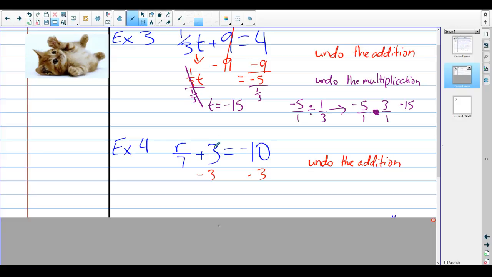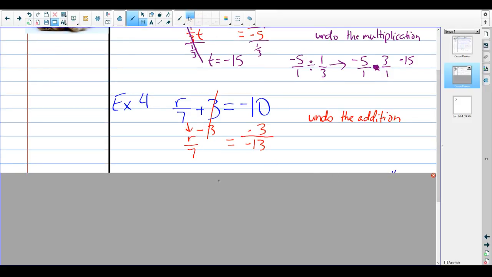Okay. These will cancel out. -10 and -3. If they're both negative, we just combine them. It's going to be -13 equals, and then we just bring down R divided by 7.